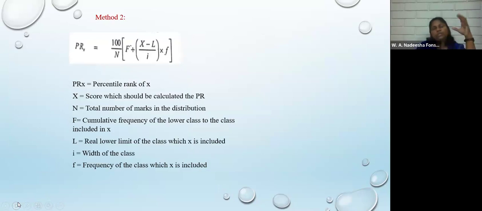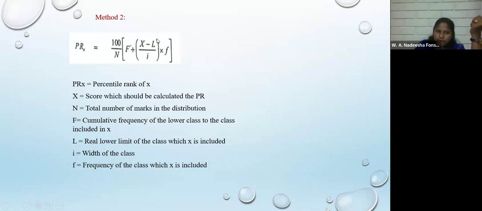I told you, when you see these notations anywhere: i is the width of the class, N is the total number of data points, f is the particular frequency, and capital F is the cumulative frequency of the class lower than the considered class.